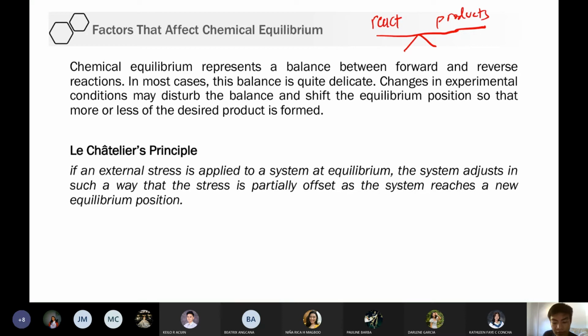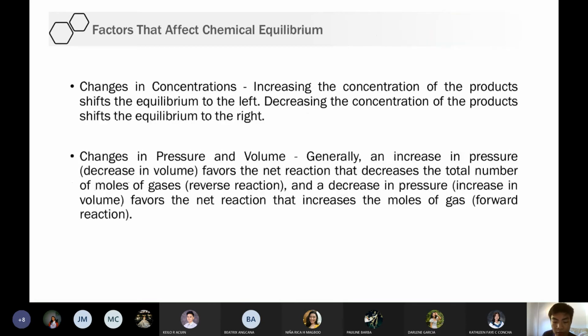So there are four changes that we have to take into account for the Le Chatelier principle. Number one is changes in concentration. So increasing the concentration of the products shifts the equilibrium to the right. Okay, that means if you increase the amounts of your products, then the reaction has to go to the left instead.